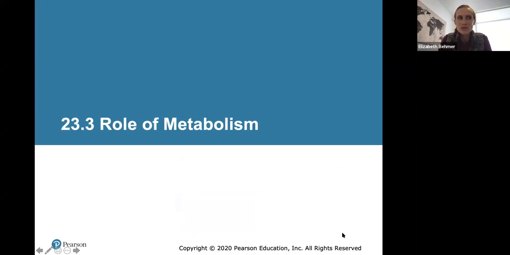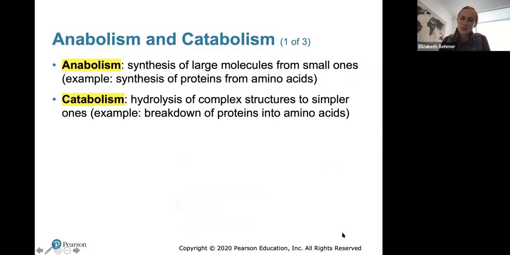So I'm going to use the words cellular respiration and cellular metabolism interchangeably here. Metabolism itself is a summary of all the mechanical processes basically used to turn glucose into energy. And we talk about metabolism as a series of anabolism or catabolism reactions. And you should know well the differences between anabolism and catabolism.